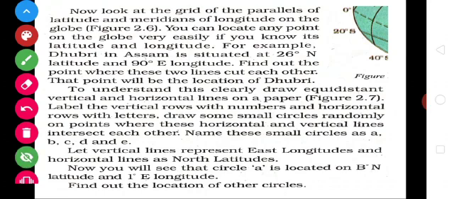Label the vertical rows with numbers and horizontal rows with letters. Draw some small circles randomly on points where these horizontal and vertical lines intersect each other.